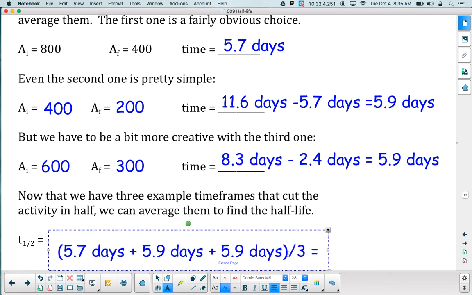So we'll divide it by 3. And we have an average half-life of about 5.83 days.